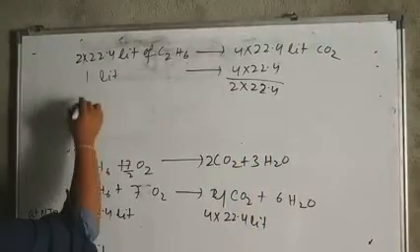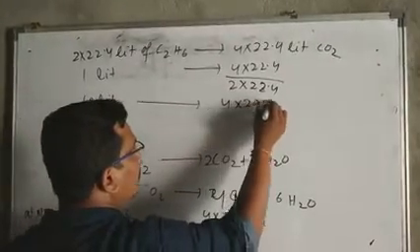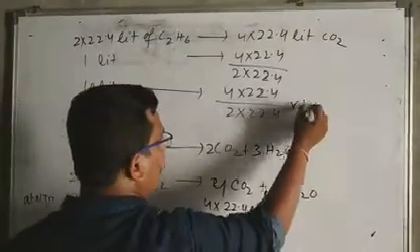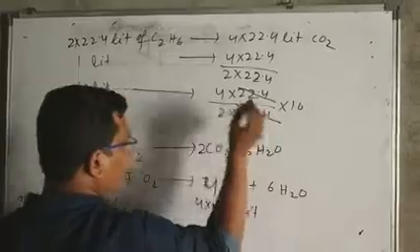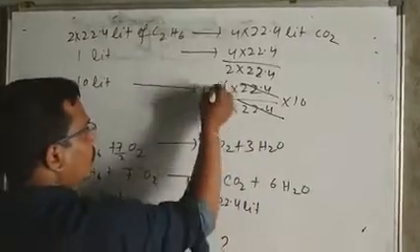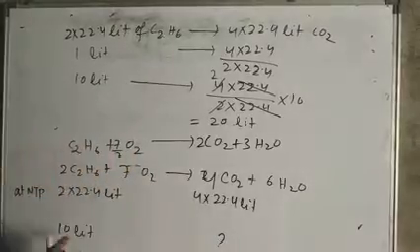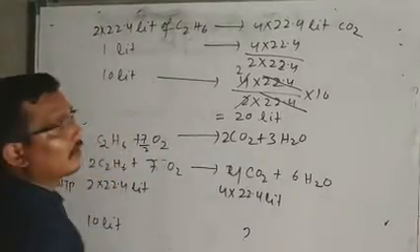Next our aim is 10 liter, so we write 4 into 22.4 divided by 2 into 22.4, into 10. 22.4 divided by 22.4 cancels. Then it is 2, that means 20 liter. So 10 liter of ethane produces 20 liter of carbon dioxide.